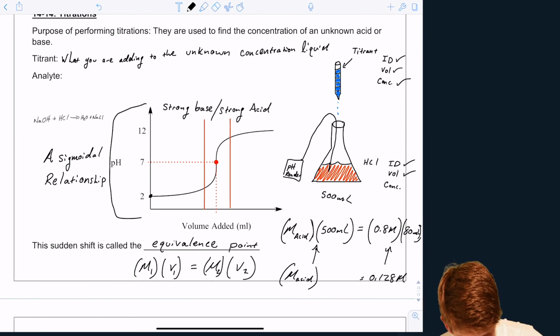And then the analyte is just the solution of unknown volume or unknown concentration.